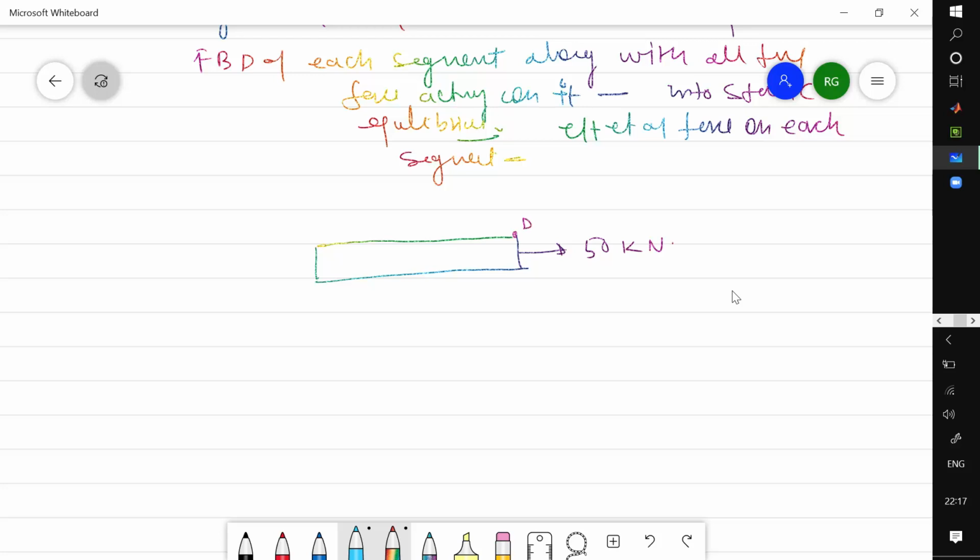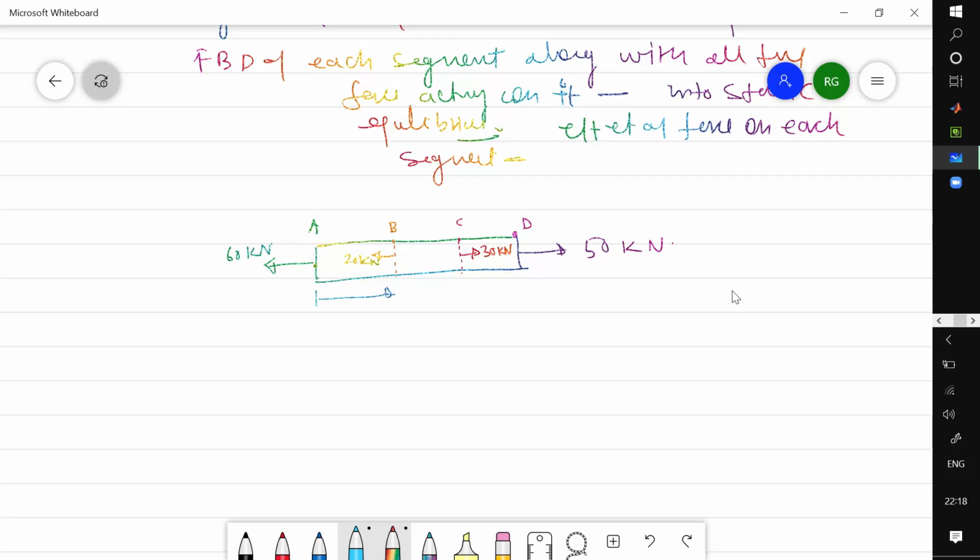Let's say this is point D, and there is a point C, or section C, where a force of 30 kilonewton is acting, and there is another section B with a force of 20 kilonewton, and at A there is a force of 60 kilonewton.